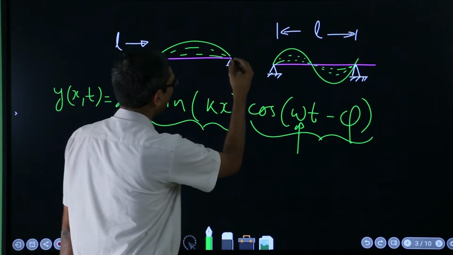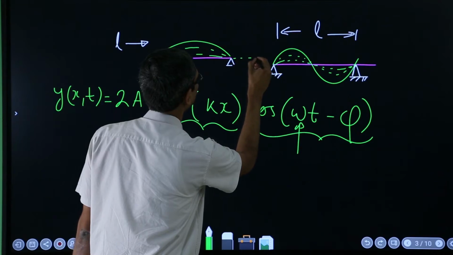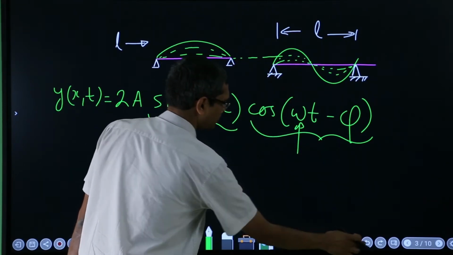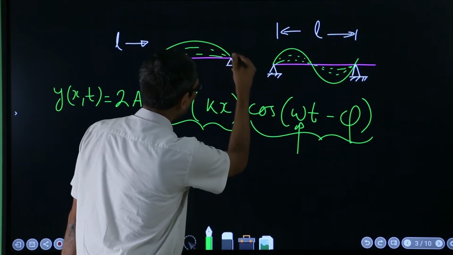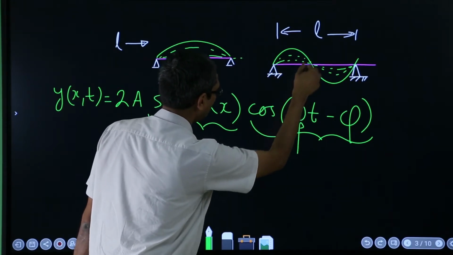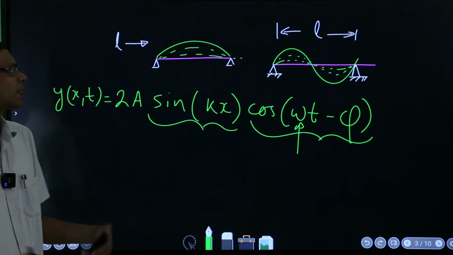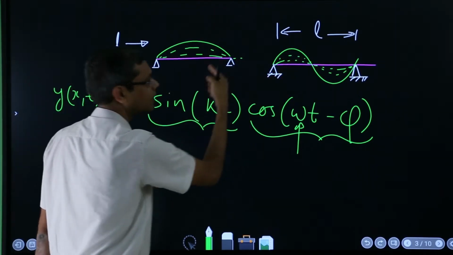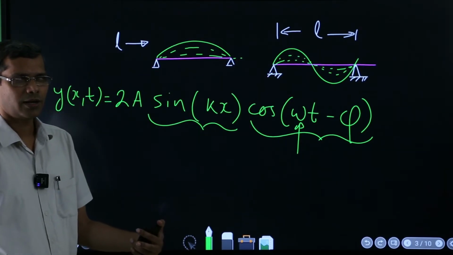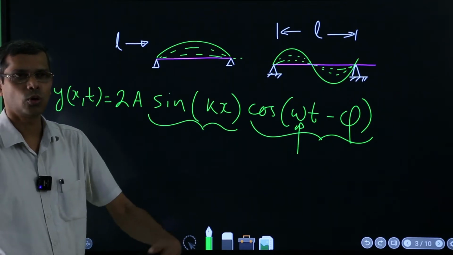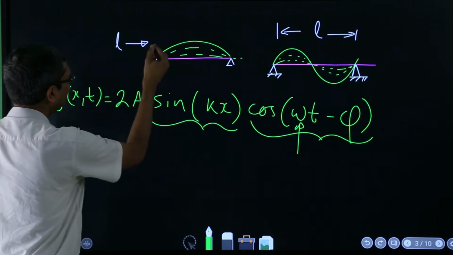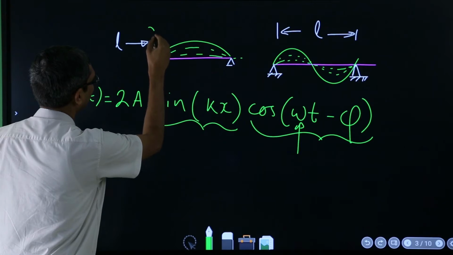Now here it is like this. If you consider this imaginary length here, there is another lobe over here. So in a way, this is the full wavelength, which has got 2 lobes. That means L is lambda over 2.